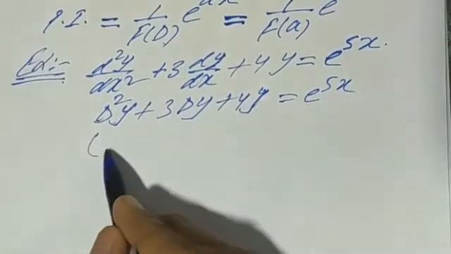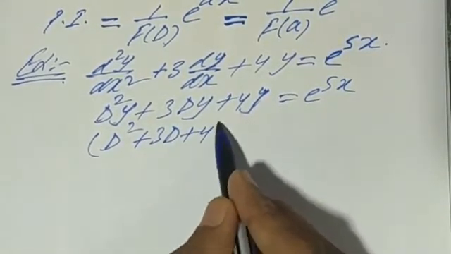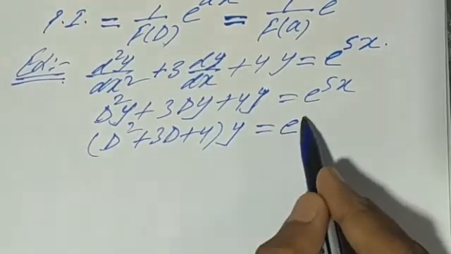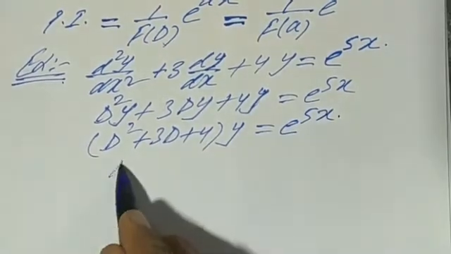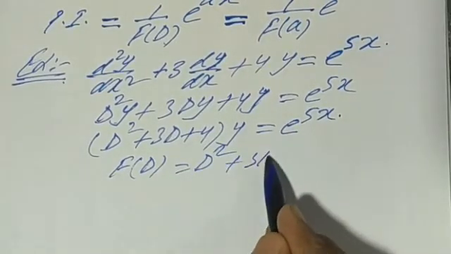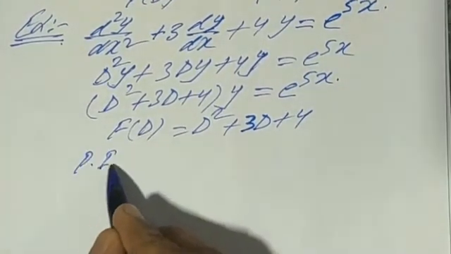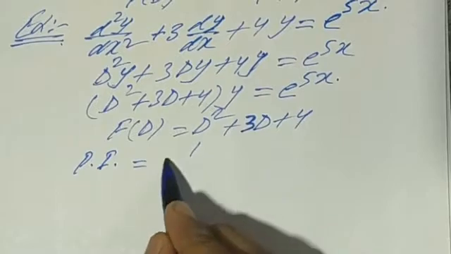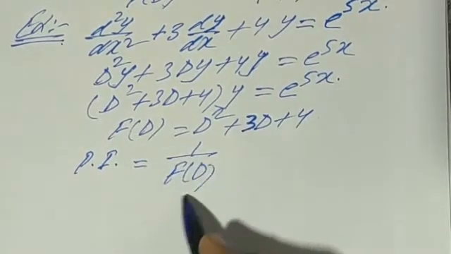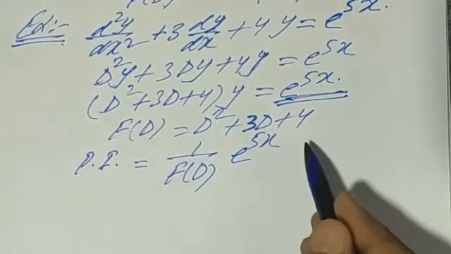Then taking y common, we get (D square plus 3D plus 4) y is equal to e raised to the power 5x. So our f(D) is D square plus 3D plus 4, and the particular integral is 1 upon f(D) times the right hand side, e raised to the power 5x.